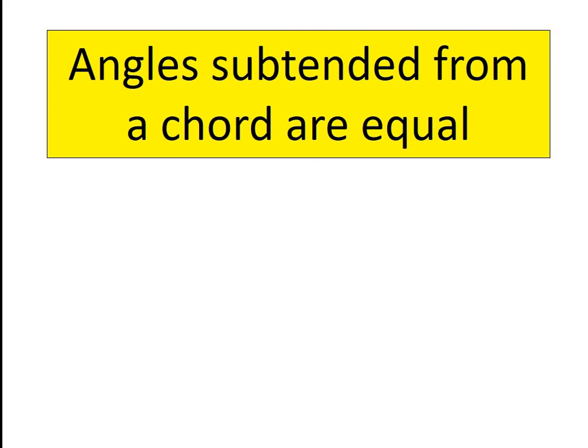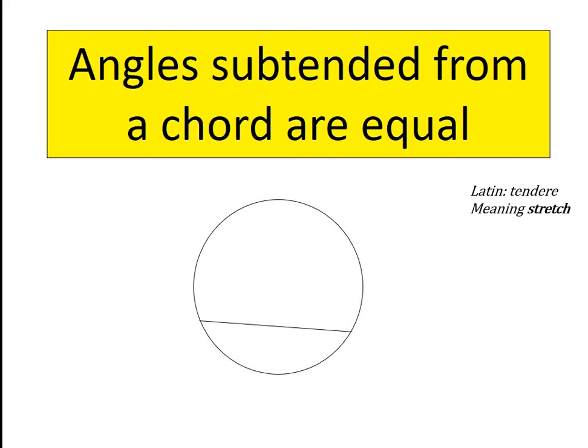The next one, angles subtended from a chord are equal. So if we have a chord, a little bit like a diameter, but it's dropped down. So this doesn't go through the centre of a circle. A chord is a line that goes from one side of a circle to another, but it doesn't necessarily go through the middle. And then if we have two lines subtended, so subtend means stretch.